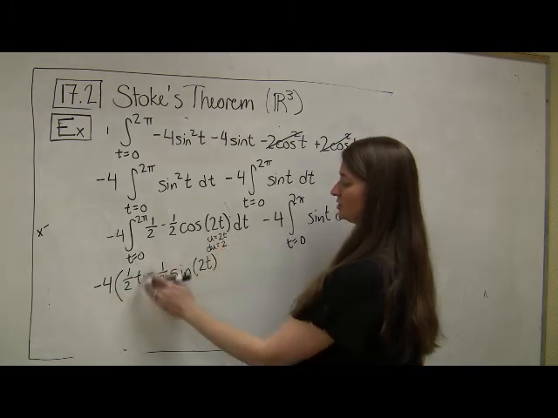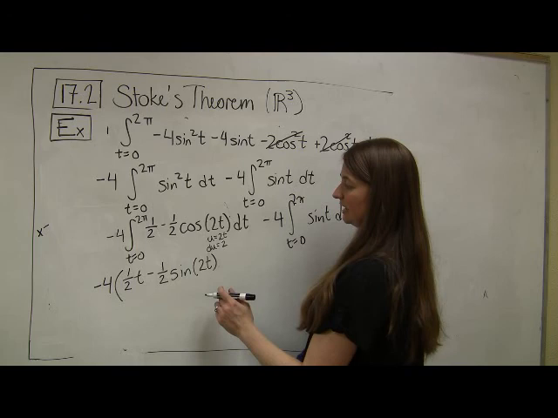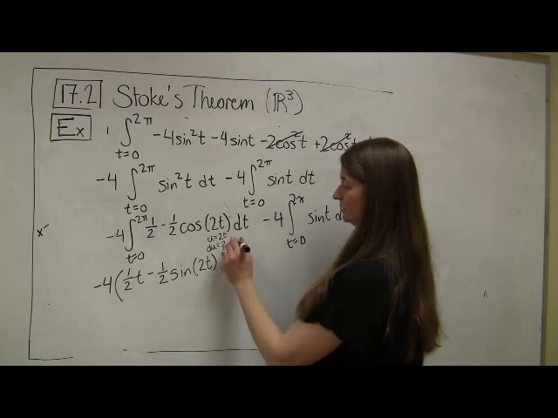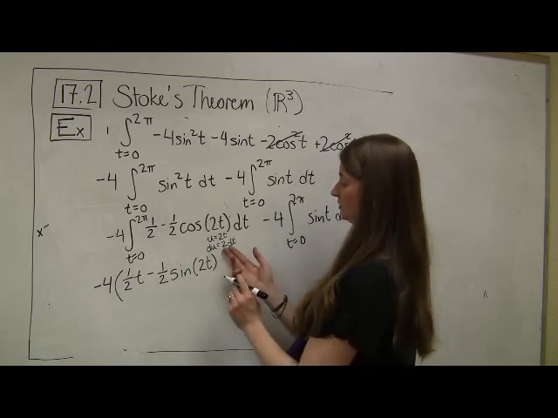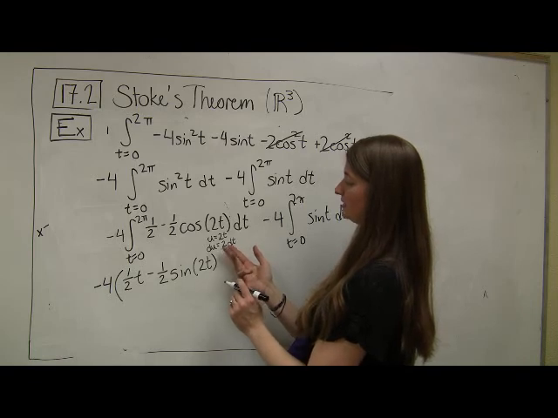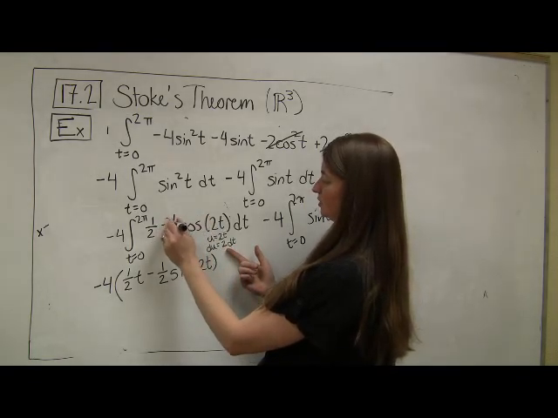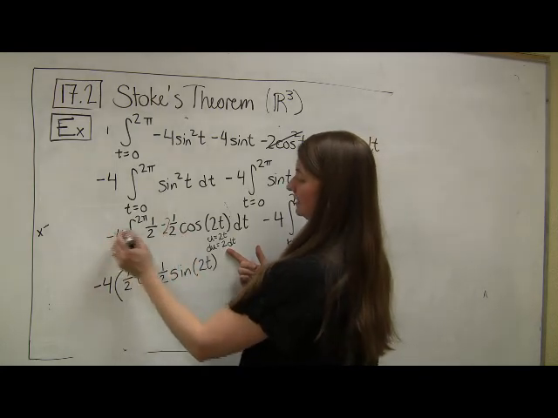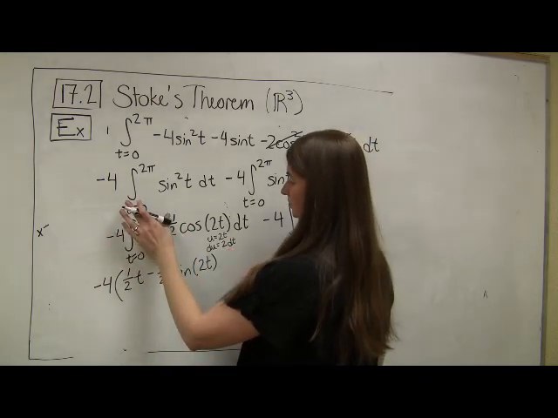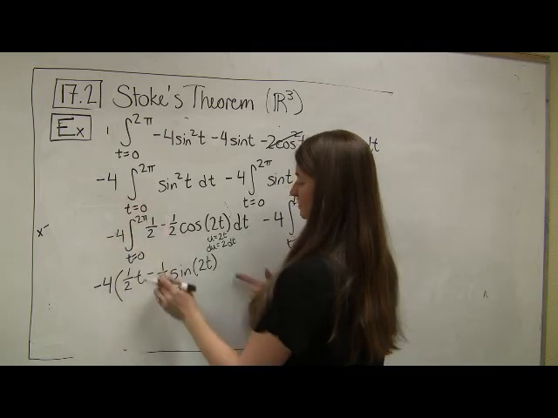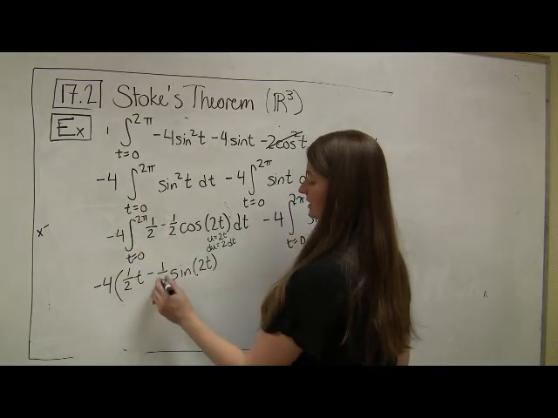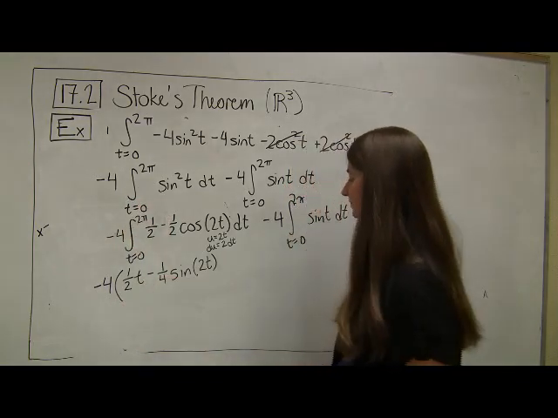So I need to have a 2 somewhere in here, and I don't currently have one. Because this is a quick u substitution, I multiply this by 2, and it means I need to multiply this by another 1/2, and I end up with 1/4.